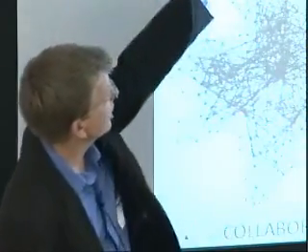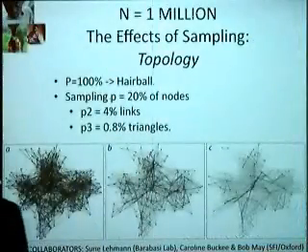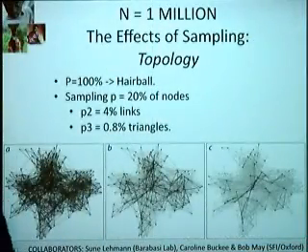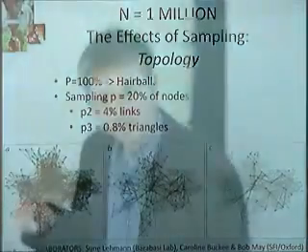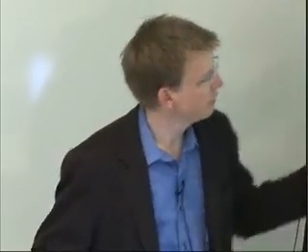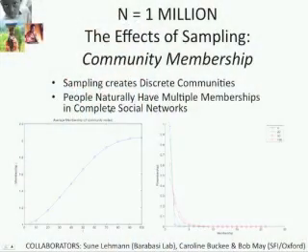If you have all the data from a single operator, and that operator has 20% market share, it turns out you only have 4% of the edges, and less than 1% of the triangles. When you want to build something that diffuses over that graph, you get radically different dynamics than if you had the full graph.